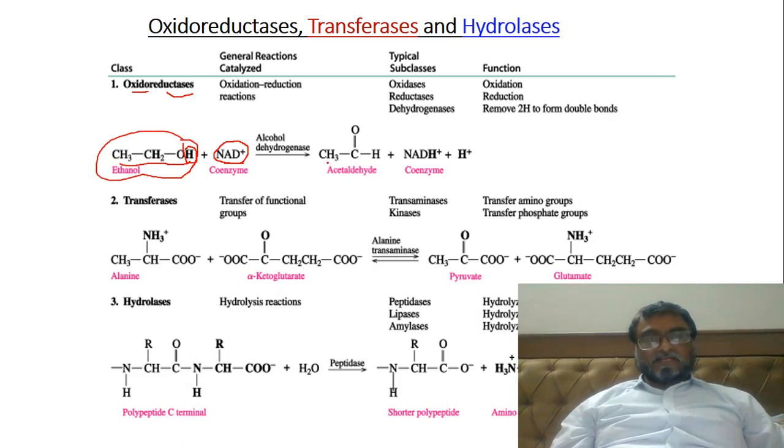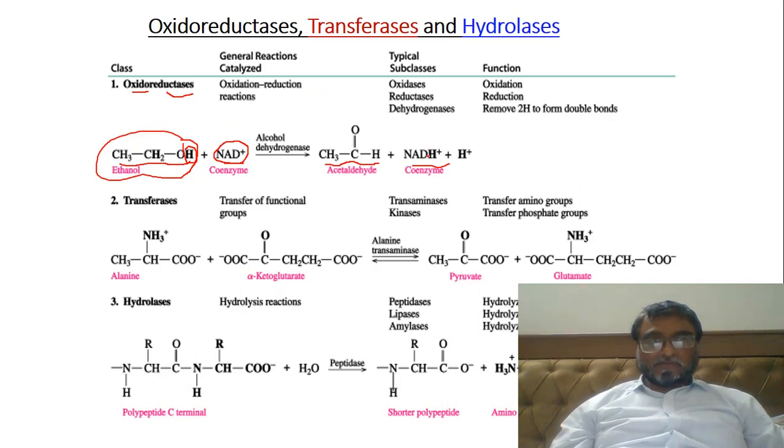So look at this one, acid. This is forming the acetaldehyde. So it's now oxidized, and this is reduced. This is the reduced form. So we can see both oxidation and reduction are happening by alcohol dehydrogenase.